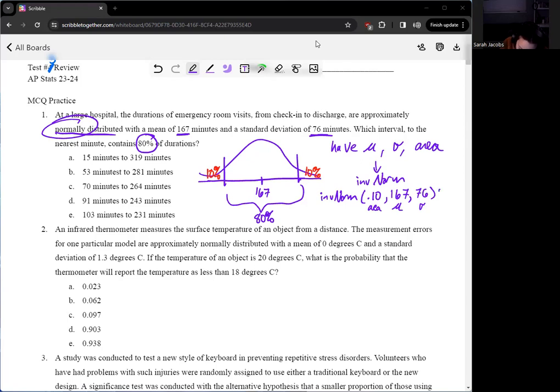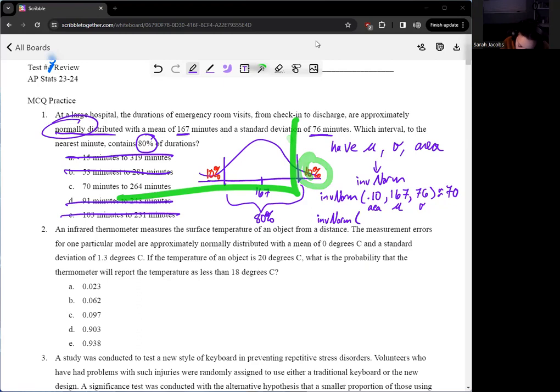Okay, so this gives us about 70. It's 69.6, so we're going to say about 70 minutes. Now, luckily, multiple choice is a nice thing because only one of these has a lower bound of 70 minutes. To be doubly sure, let's check the upper bound. And we'll do that by saying inverse norm. And this time, if 10% is above the upper bound, then 90% is below.